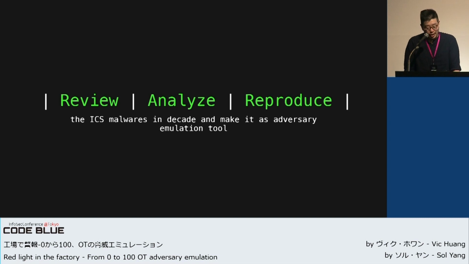As I mentioned, we want to make an OT adversary emulation tool, and before that, we have to get the knowledge from known threats. So we review and analyze the ICS malware of the past decades defined by MITRE, and we will have a conclusion about the whole attack process in this part.